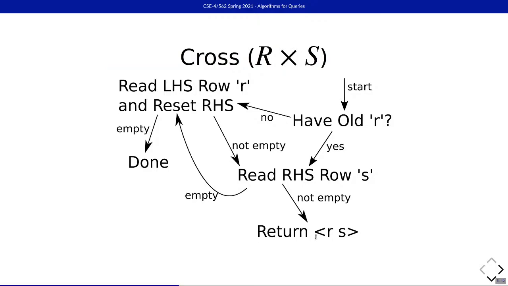So we're going to reset S, go back to the very beginning of the stream of tuples in S, read the next row out of R, and start the whole process over again. So this is essentially modeling a two-level loop where we have an outer loop over all of the tuples of R and then an inner loop over all of the tuples of S.